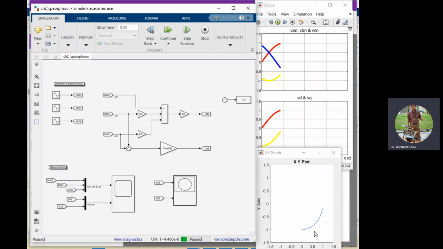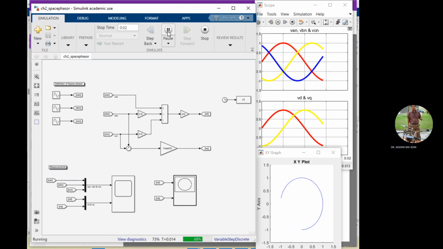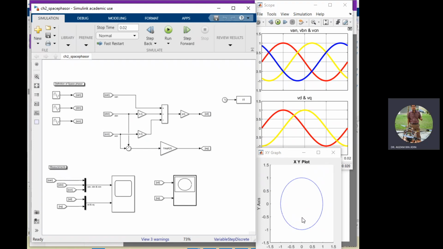So actually you can see the space vector, it forms a circular locus, where the vector is rotating counterclockwise. It depends on the sequence of the phase voltage. So you can have a circular shape centered at origin.